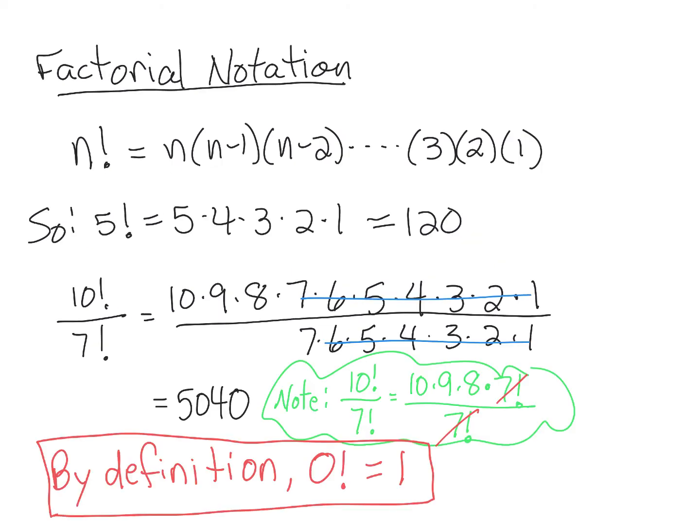Okay, something that you're going to see in this section, you'll also see it if you take probability. Factorials. The factorial notation is whatever number with an exclamation point. Some of your more advanced calculators will also have a key. Factorial means I'm going to take this number and multiply all of the numbers below that all the way down to 1.